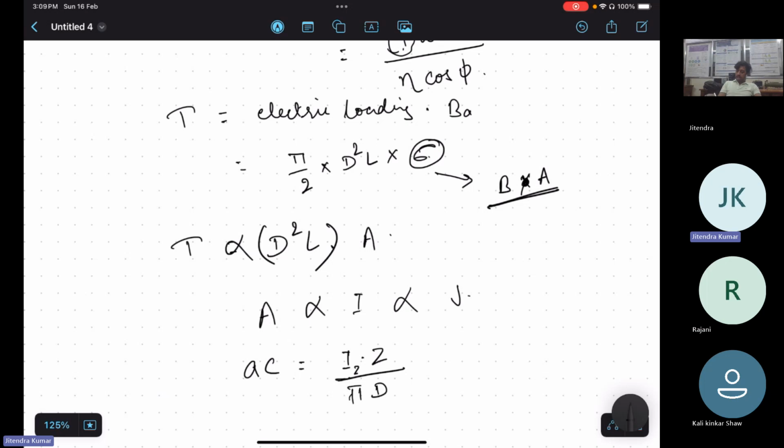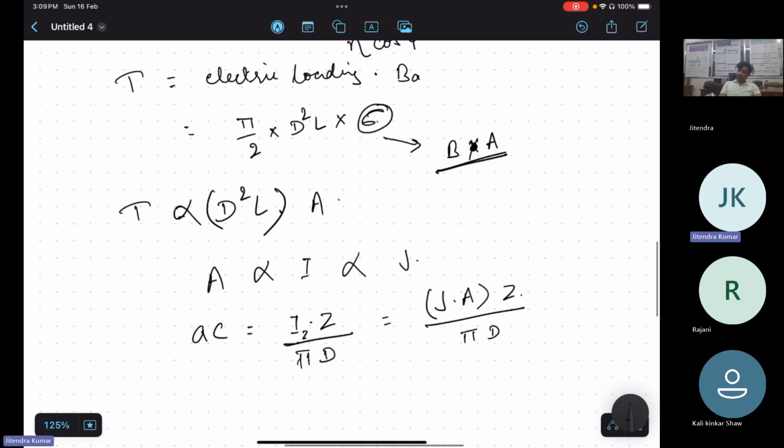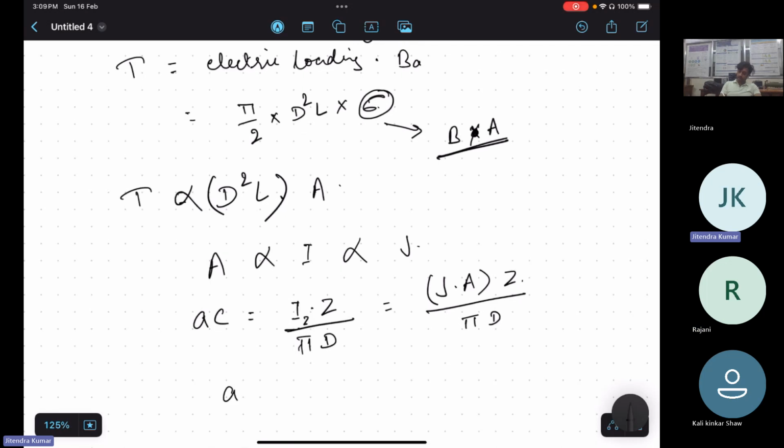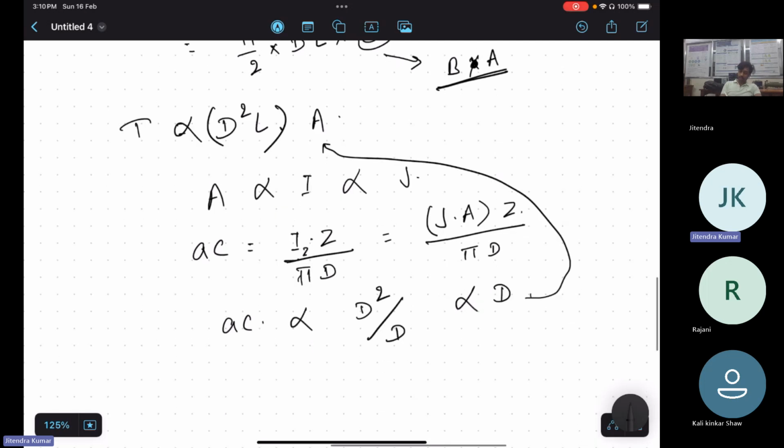And I we can write in terms of area as J into A, divided by Z pi. And area is proportional to D square. So ampere conductor loading is proportional to D square divided by D. It will finally be D. So this D we can replace here with A, and can we write torque is directly proportional to D cube into L.